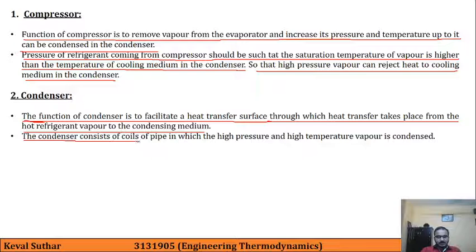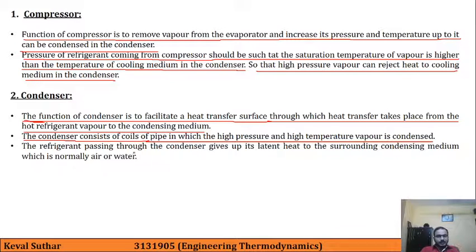The condenser consists of coils of pipe in which high pressure and high temperature vapor is condensed. Now the refrigerant passing through the condenser gives up its latent heat to surrounding condensing medium, which is normally air or water. So if you recall, here in condenser for refrigerant, from vapor it is getting converted into liquid.